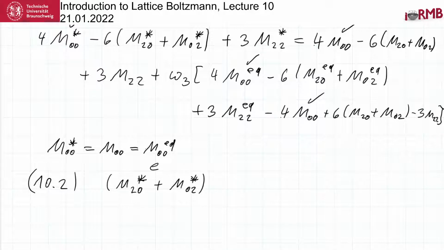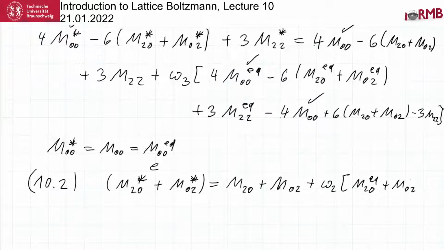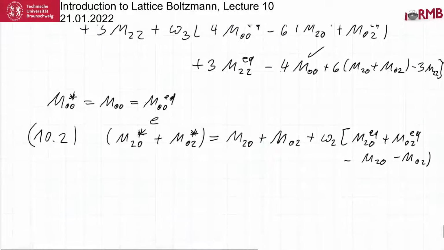So m20 plus m02 post-collision is m20 plus m02 plus omega 2 times m20 equilibrium plus m02 equilibrium minus m20 minus m02.